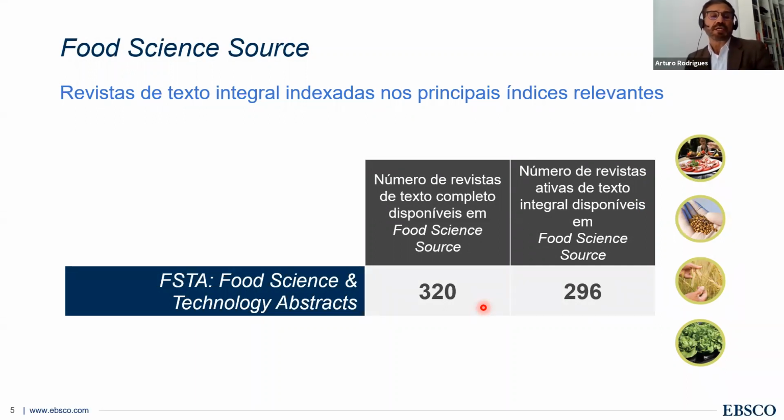Mas, se falamos no contexto da FSTA, como já dissemos, dentro da Food Science Source, poderão encontrar mais de 320 revistas que estão referenciadas na FSTA e, obviamente, como já referimos, a complementaridade entre ambas é um valor acrescentado para precisamente encontrar informação relevante e precisa dentro de um contexto académico para um trabalho que estou a fazer dentro do estudo ou da investigação.